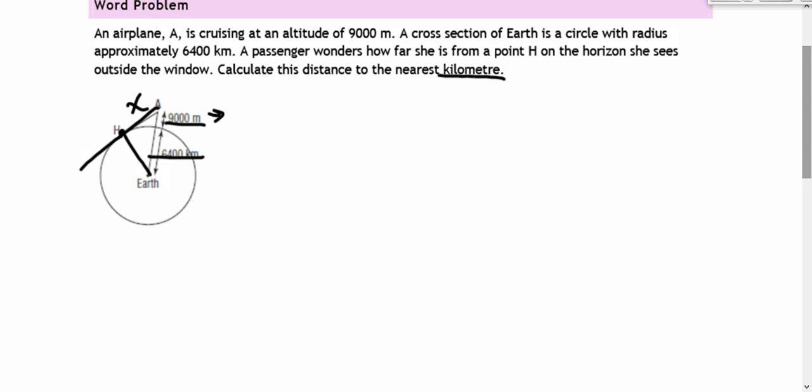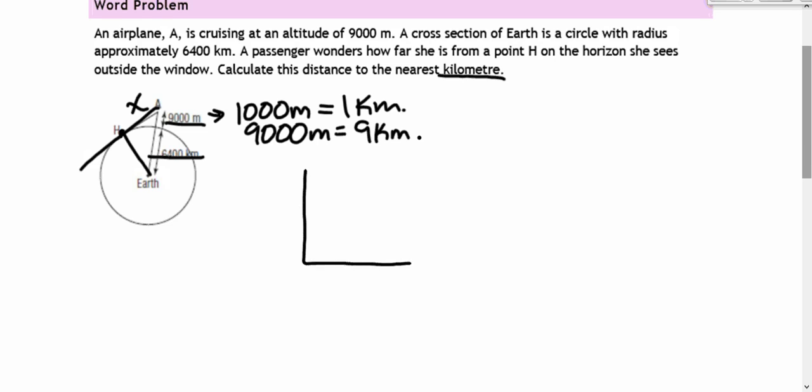So if we convert this, knowing that there is 1,000 meters equal to 1 kilometer, 9,000 meters should equal 9 kilometers. Let's redraw our triangle. We have our point here, our right angle point, that is H. Our hypotenuse is this whole one here, so that's 6,409 kilometers.